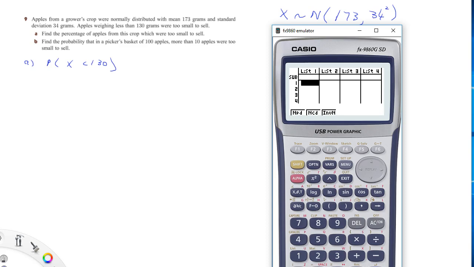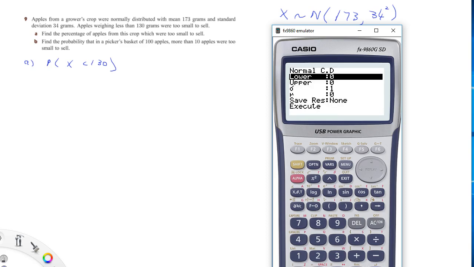And we're adding probabilities together, so it's normal cumulative distribution. The lower limit we write as 1 to the power negative 99. The upper is 130. Standard deviation of 34. Mean 173.